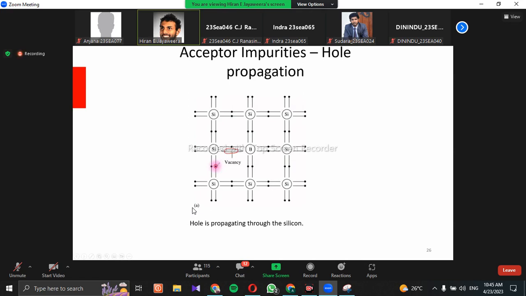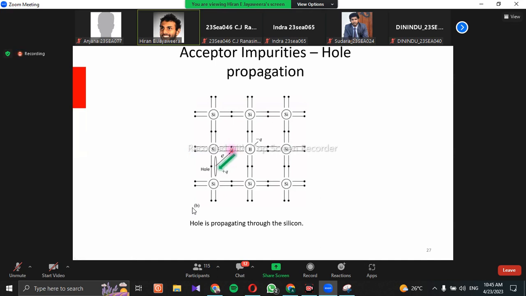So this is a hole, and the neighboring electrons, this one and this one, are interested, whoever has higher energy. If this one has higher energy, it will jump here, right? So if that electron jumps here, this is what happens. So this electron jumps here.